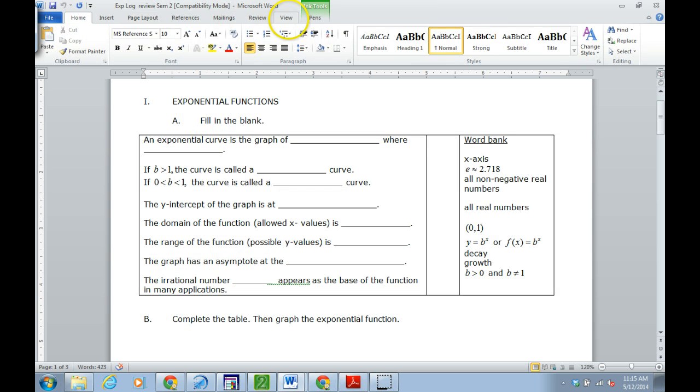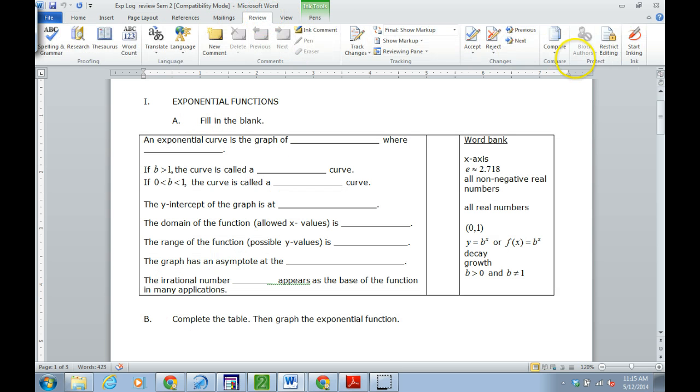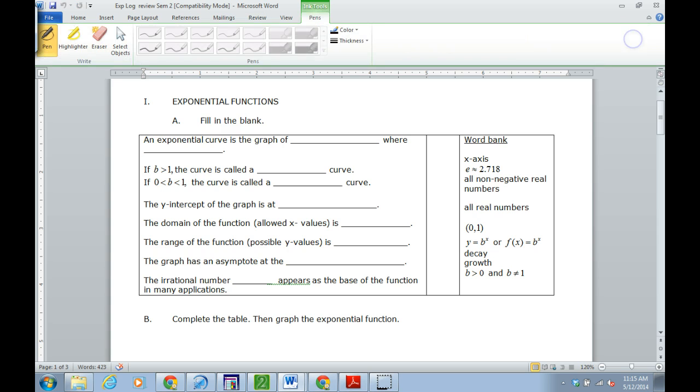So now we're going to take this portion and look at exponents. The first part is an exponential curve is the graph of, and you can write this down, y equals b to the x.